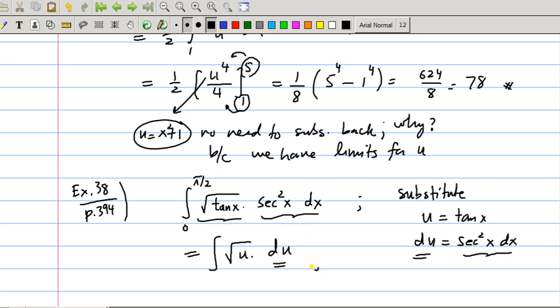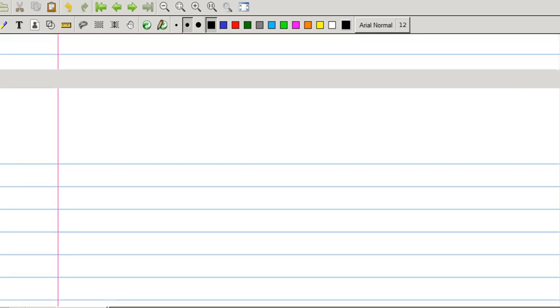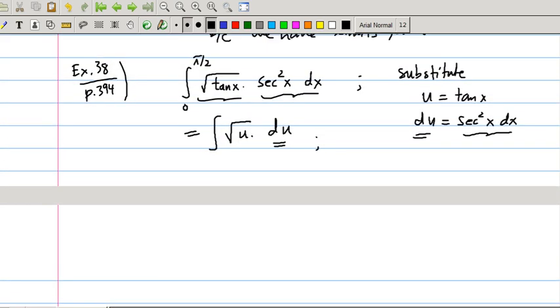Now I had to change the limits because these are the limits for x, and I have to find the limits for u, not just x. So we can look at x is equal to 0, gives me u is equal to what? u is tangent x. So when x is 0, u is tangent 0, which is 0. When x is pi by 2, tangent pi by 2. Is it pi by 2 or pi by 4?